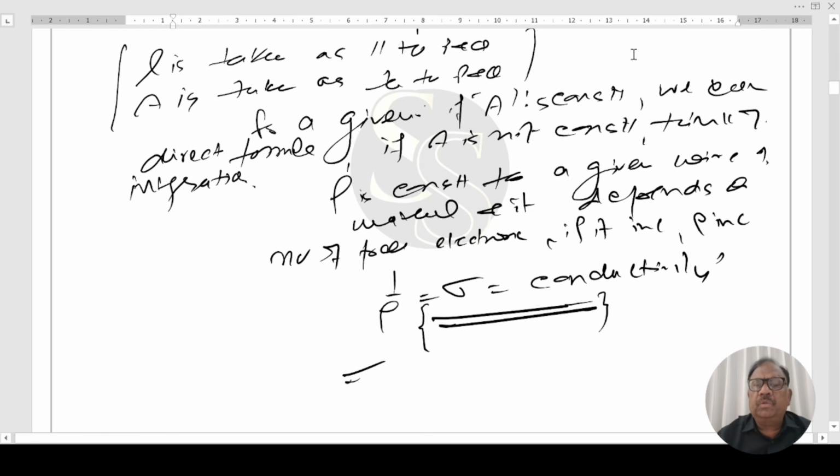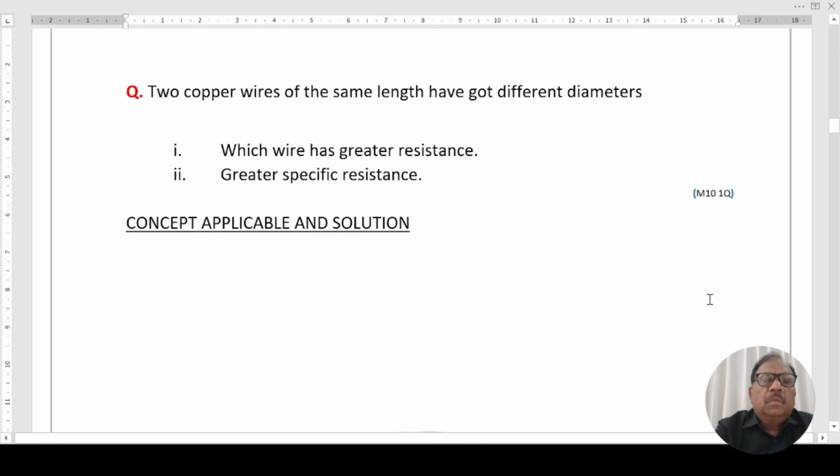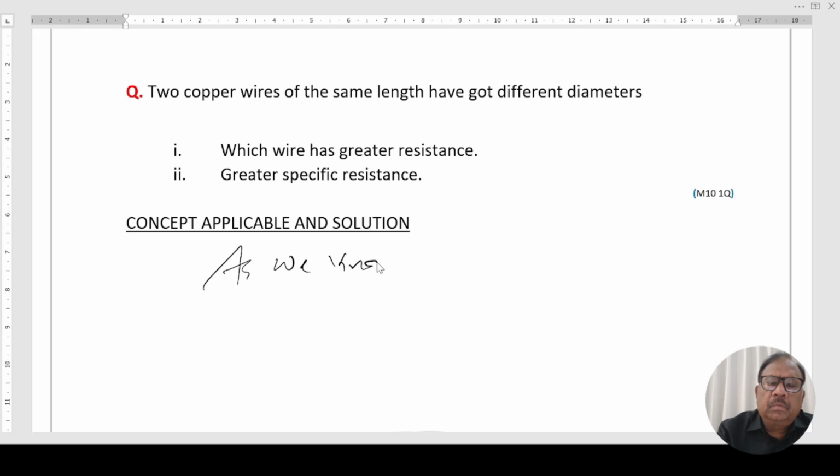Now let's start with the question. Question is, two copper wires of same length have got different diameters. Which wire has greater resistance and which has greater specific resistance? As we know, R equal to rho L upon A, length upon area.